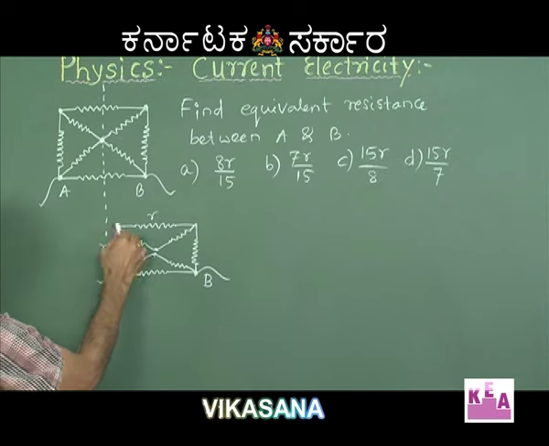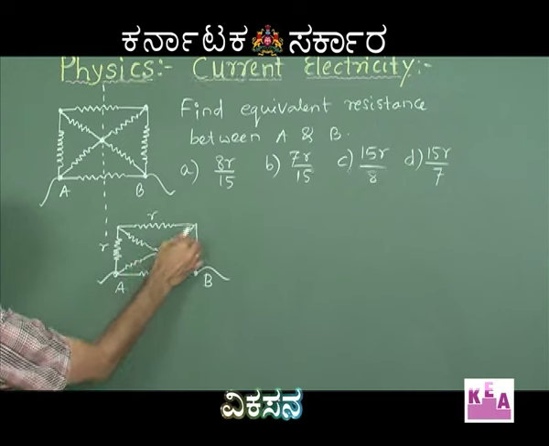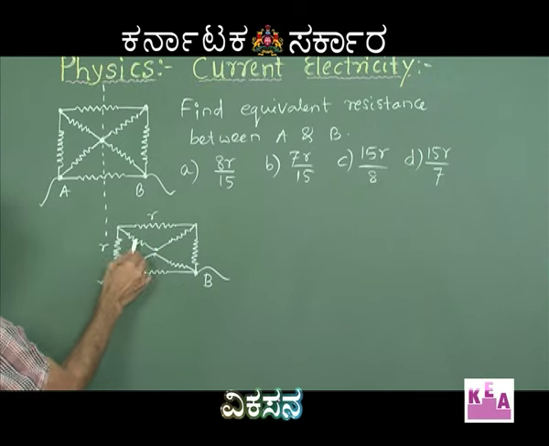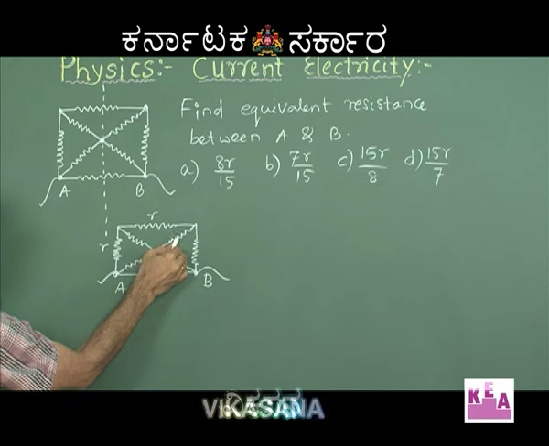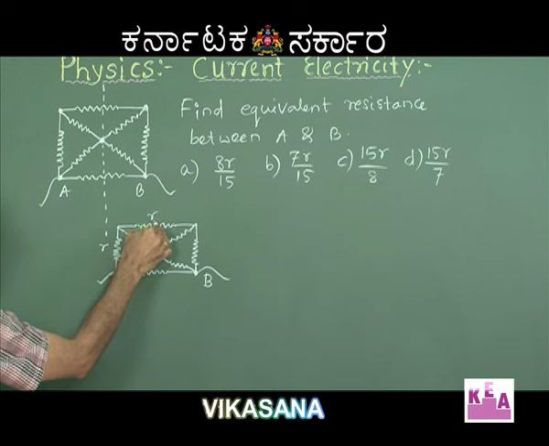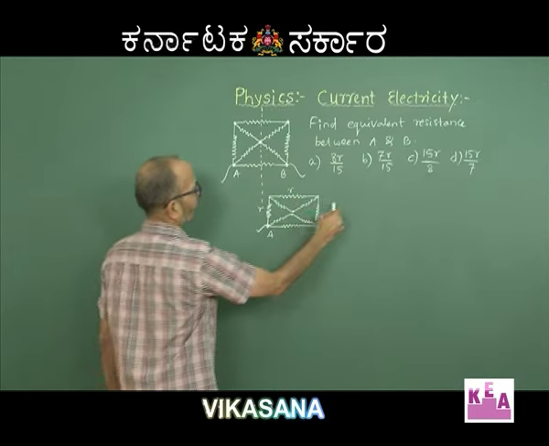Now this R is in parallel with these two R's in series. So R plus R will be 2R, and 2R and R in parallel will be 2R by 3. So I will redraw the circuit again.